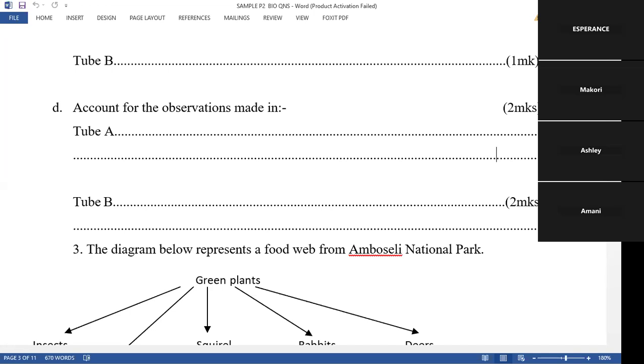I would also like to get any question on these experimental questions before we move to the next area. So any question on the experimental parts?